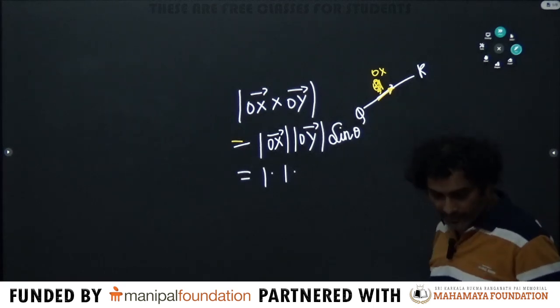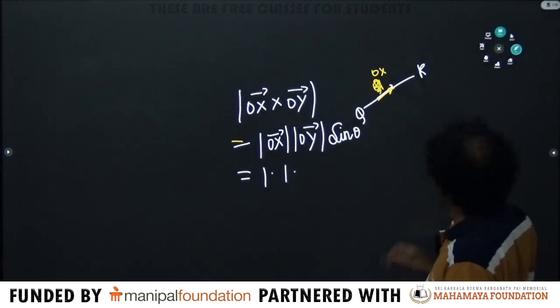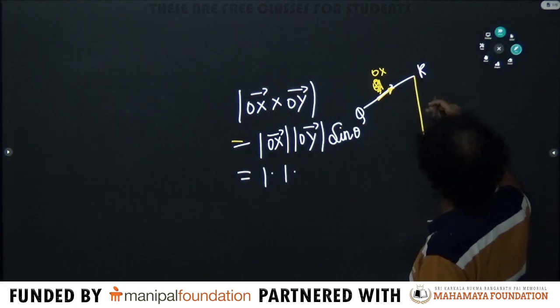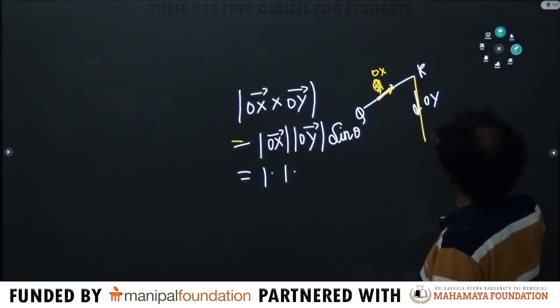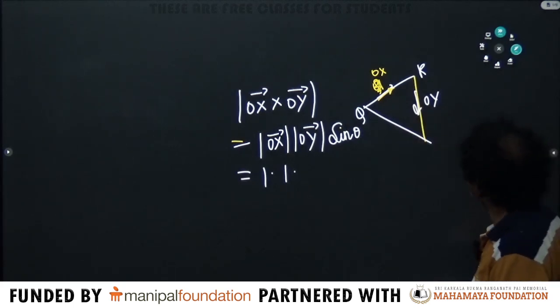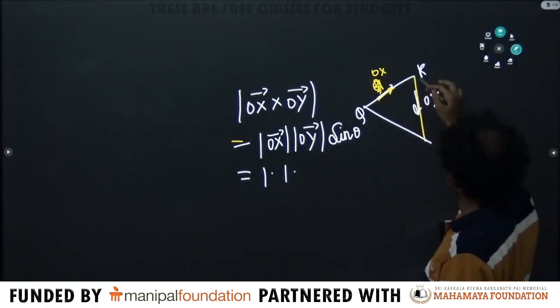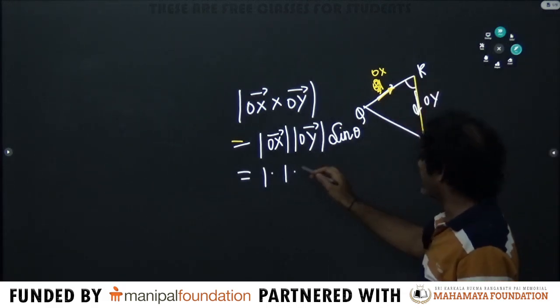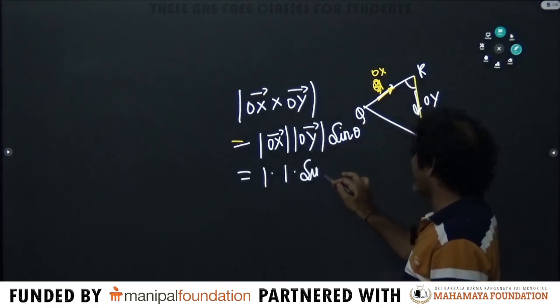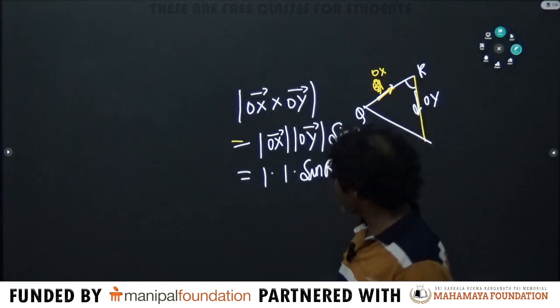And the other one is who? OY is along RP. RP is here. So this is OY. So what is the angle between the two? Between OX and OY, who's the angle? R, right? Like that you have to do. So isn't it sine R? Correct?